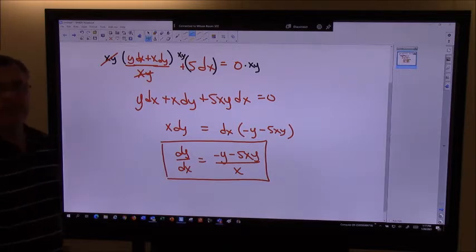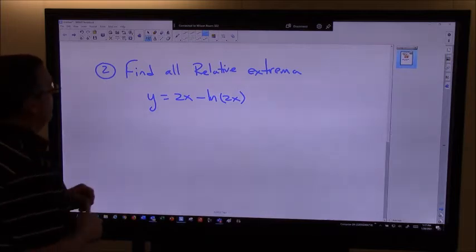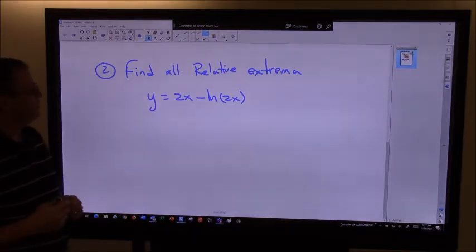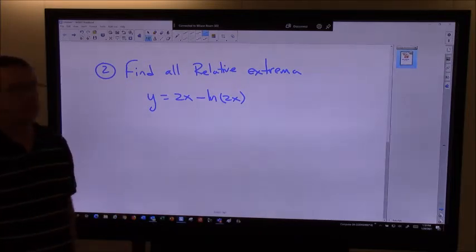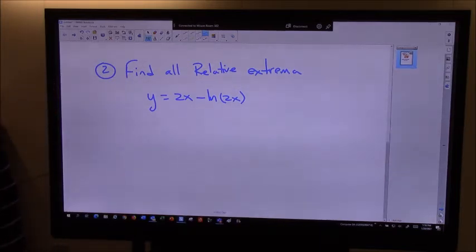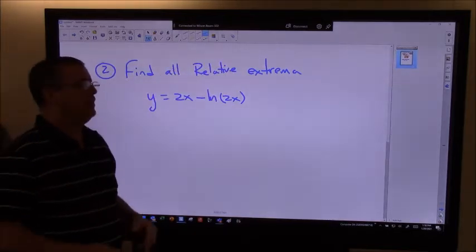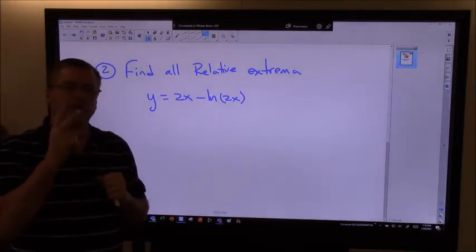All right, let's try another one. All right, so we want to find all relative extrema. Remember, that just means where are all of our relative maximums and minimums. For this equation right here, y equals 2x minus the natural log of 2x. When we're finding relative extrema, to decide whether you have a maximum or minimum, there's really two ways to do it.